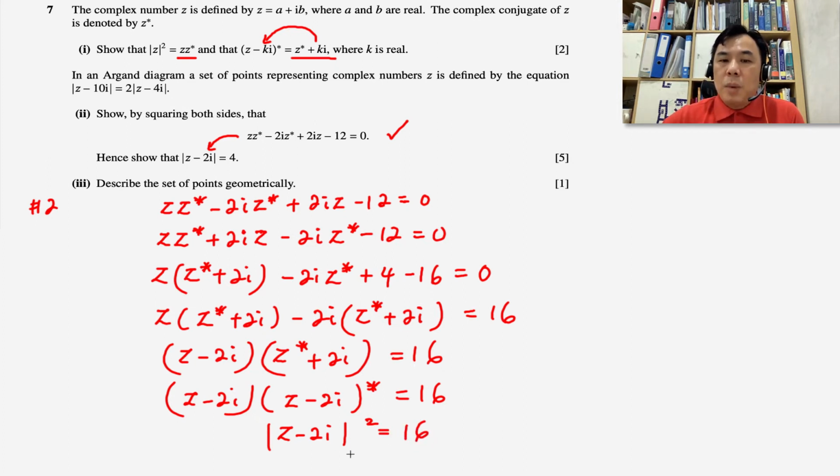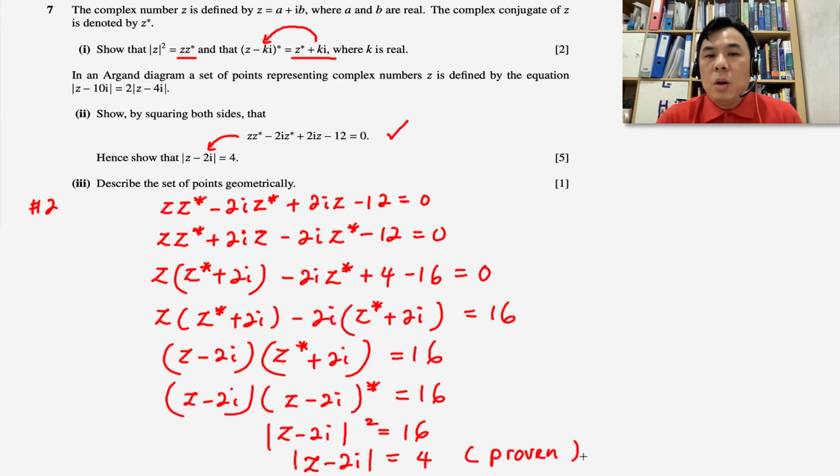By square root of both sides, we end up with 4. That is how we can prove that from this complex conjugate equation, we arrive at this simplest form. Now we write down it has been proven.